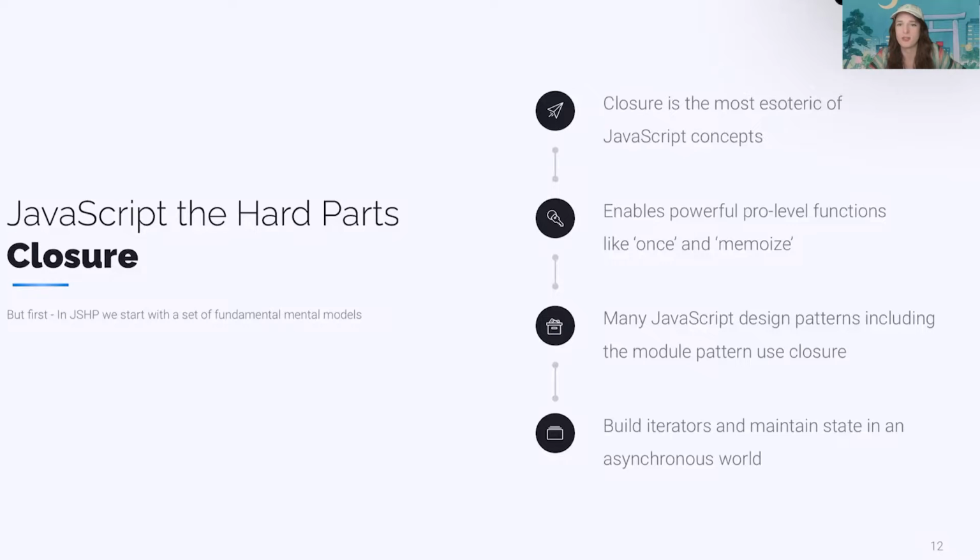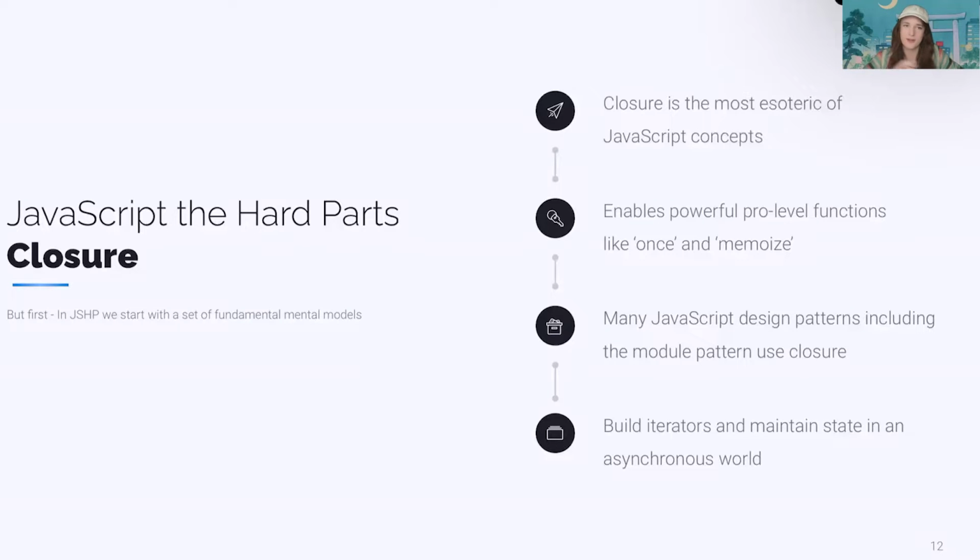That would be terrible. We want that to only happen once, and part of making sure that happens is using functions like once, which rely on closure. Memoize in the same way, making sure that our functions are aware of the previous calls that have been made to them. We'll talk more about functions here in a second if that is not clicking.